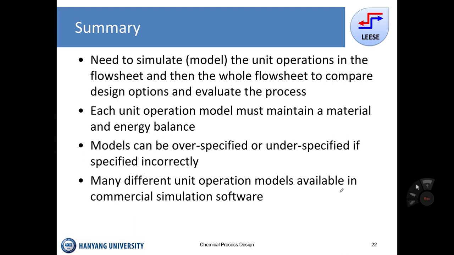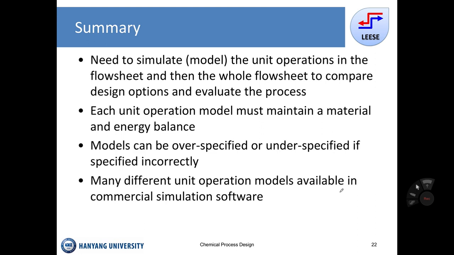You may have different options and different operating conditions. Based on the model, you are able to check the impact of a change in your design option or operating condition. The simple and straightforward modeling method is to use the material and energy balance.